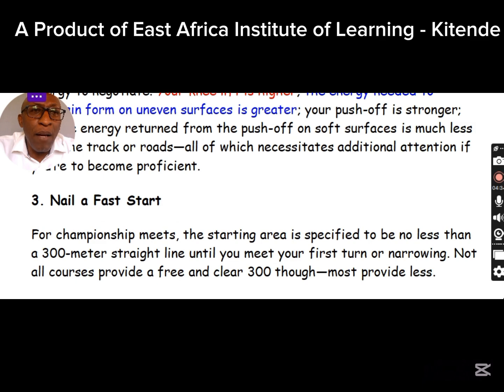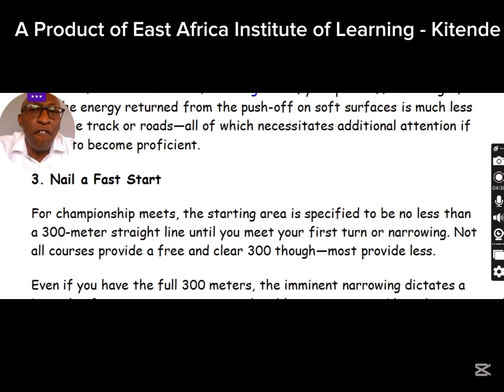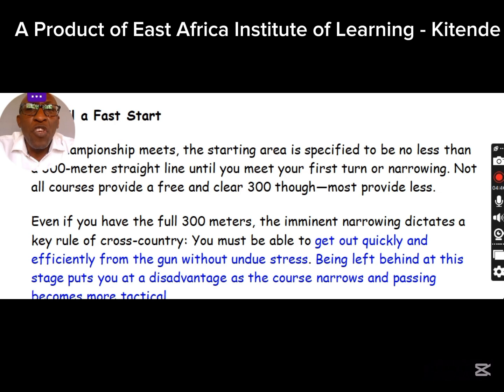The third bit that is going to be important in the practice, we call it nail a fast start. Usually, when the goal mark is passed, you must get quickly and efficiently out of the big group that started without undue stress. Why?